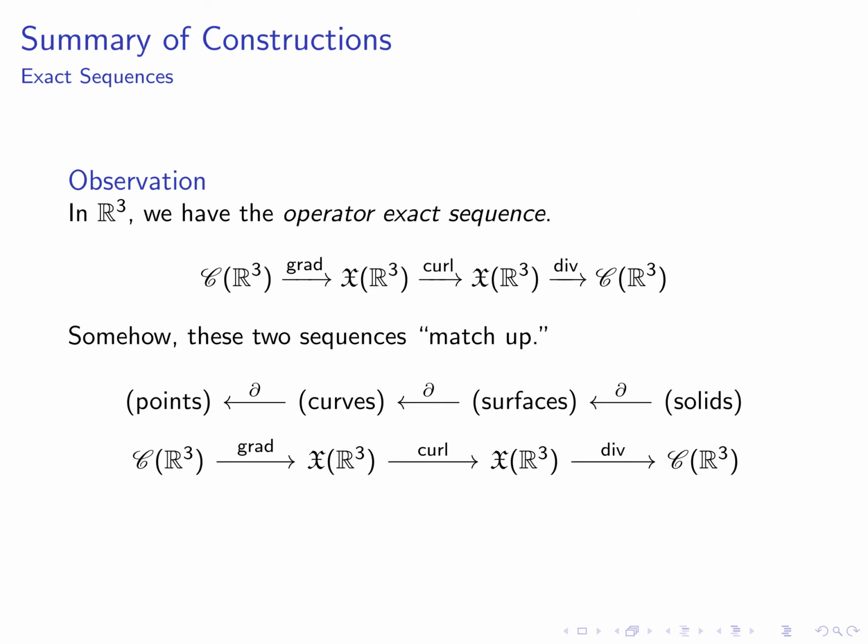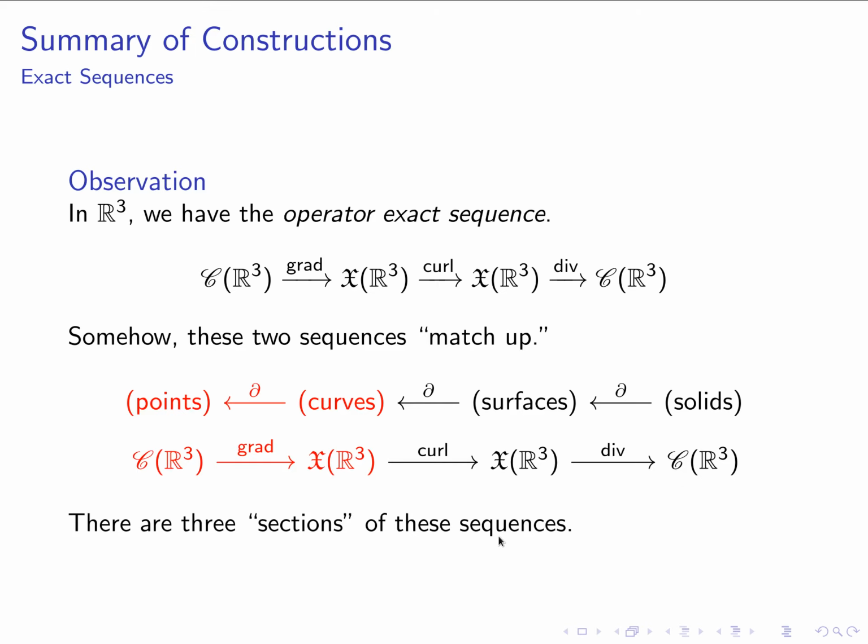And I want us to think of this pairing in three different ways. So there's three sections of these sequences. There's the first pairing, which is relating the boundary of a curve to points to the concept of taking the gradient of a scalar field and producing a vector field. There's also an analogy in the second section of these exact sequences.